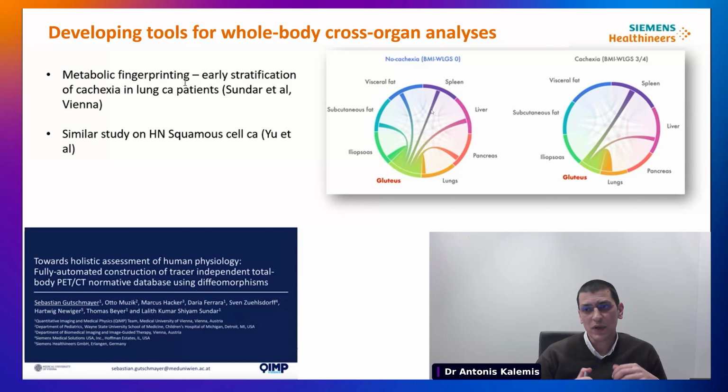Now it is possible, with these systems, having all vital organs in the field of view, to not only identify the activity in those organs, but also generate models that interrogate and present in a more holistic way these results, and the reason why certain diseases have the phenotype that we see and we couldn't understand before.